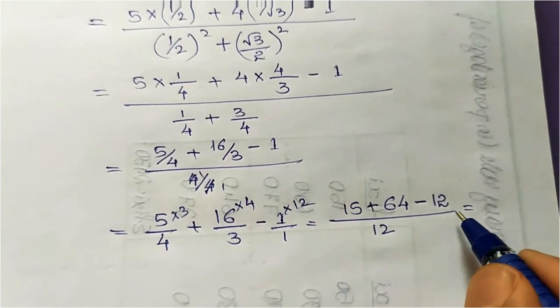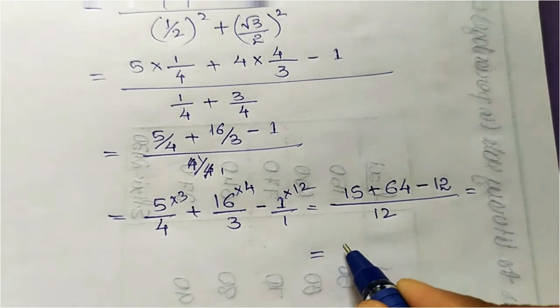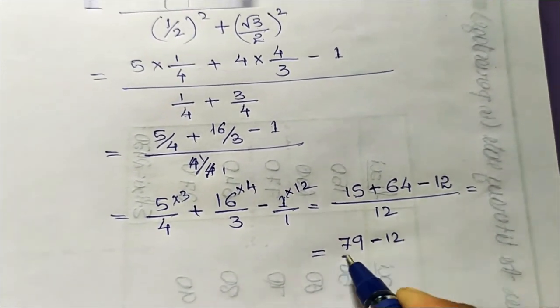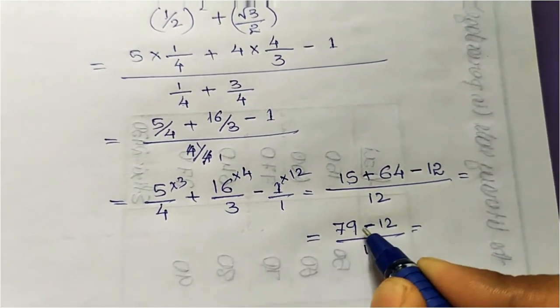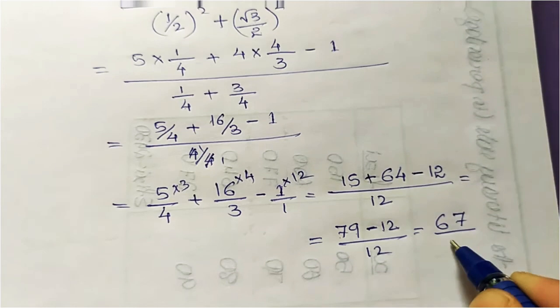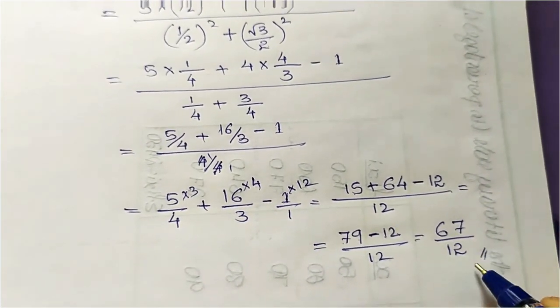So add them first, 15 plus 64 it will be 79, minus 12, divided by 12. So 9 minus 2 is 7, 7 minus 1 is 6, so 67 by 12. So our final answer is 67 by 12.